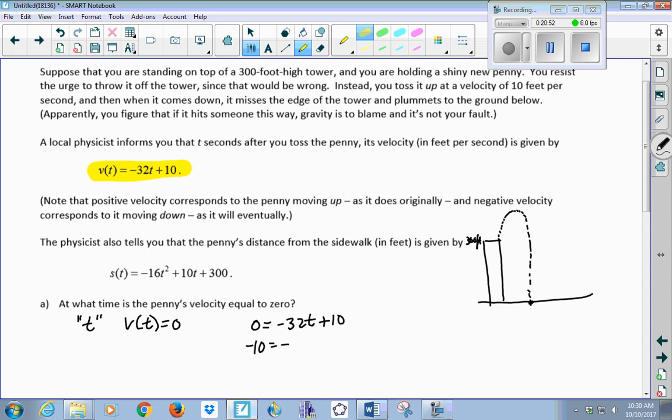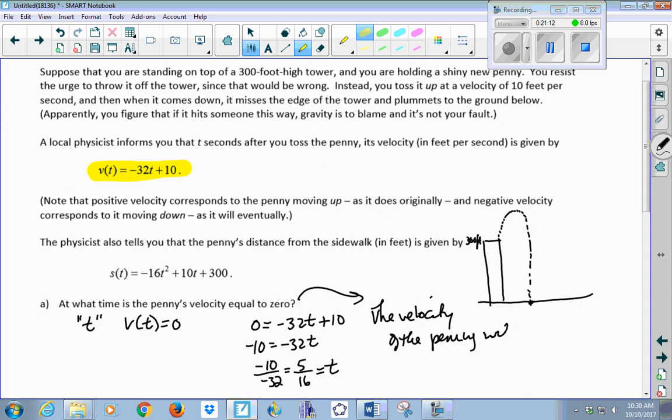So I get negative 10 equals negative 32t. Negative 10 over negative 32 is the same as 5 over 16, and that's equal to t. So the velocity of the penny will equal 0 feet per second at 5/16 seconds after being thrown or tossed.